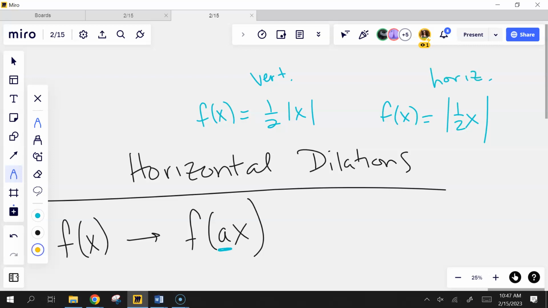If it was a quadratic, that's vertical. That's horizontal. We mostly focus on vertical, but horizontals come up.